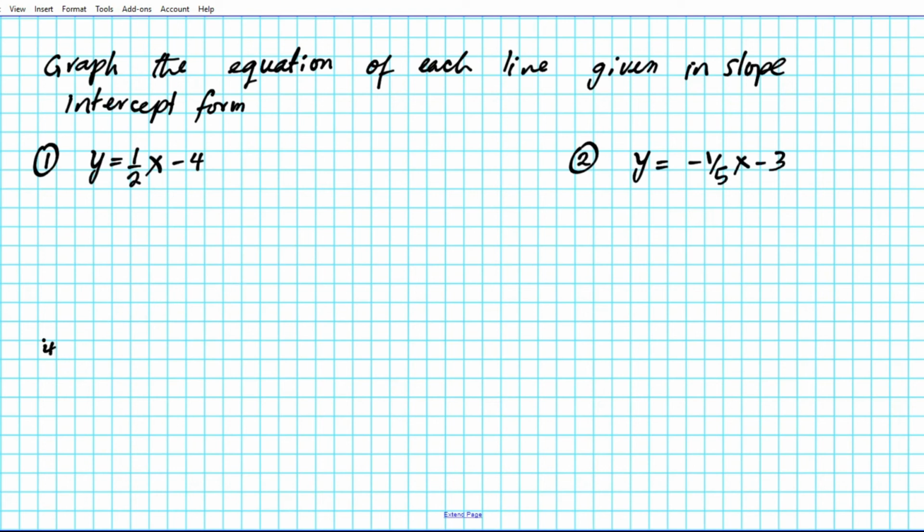Number 3, y equals negative 2x minus 2. And then number 4, what if you have y equals 3x plus 2? Okay, so what we'd like you to do, go ahead and pause this video and graph these 4 lines, and then when you're done, click on play and you will see what the answers are.